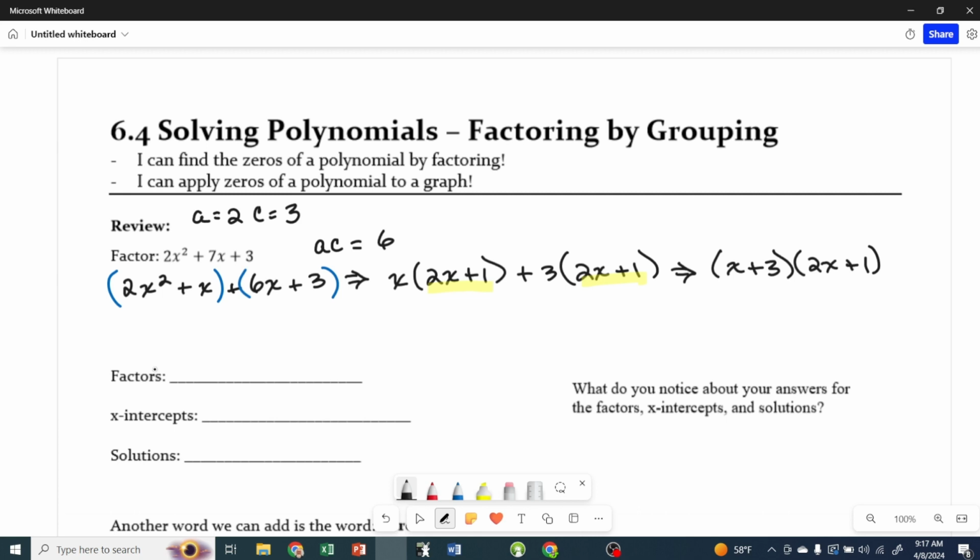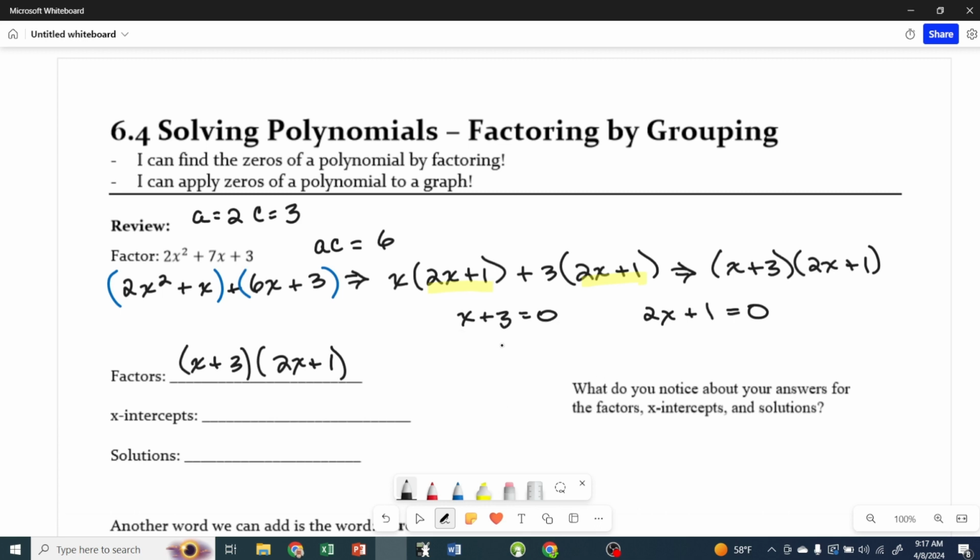So in this case, our factors here are x plus 3 and 2x plus 1. Now, for x-intercepts, we have to set each of these equal to 0. So we would say x plus 3 equals 0, and we come over here and write 2x plus 1 equals 0.